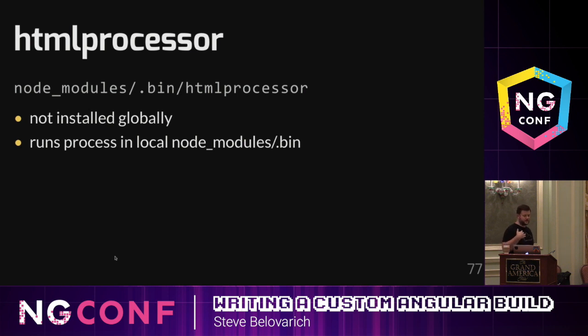This process runs something like this. Since HTML processor is installed locally and not globally, we have to run the process locally. So we can't just type in HTML processor in the terminal, right? We would have to type in node_modules/.bin/HTML processor to run this process locally.